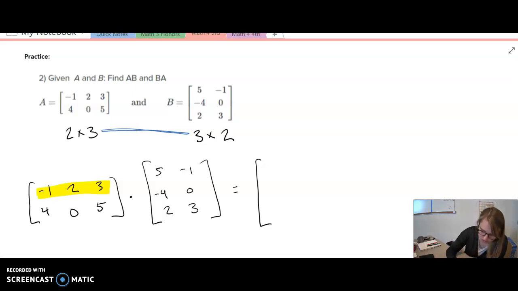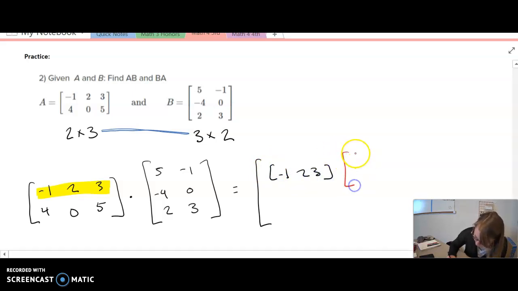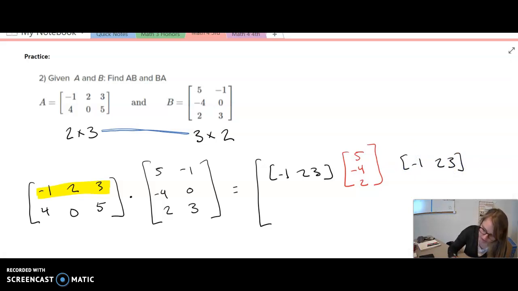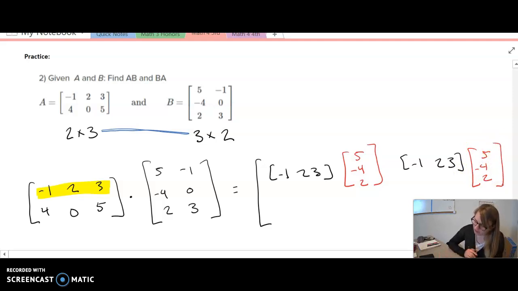So we're going to do negative 1, 2, 3 multiplied by 5, negative 4, 2 for that element, and then we have negative 1, 2, 3 multiplied by 5, negative 4, 2. So knowing how to do that, you do the second row. So you're going to do 4, 0, and 5 times each column, okay?